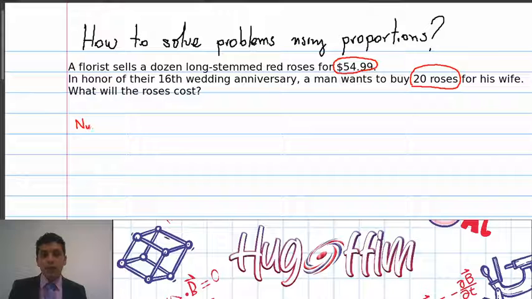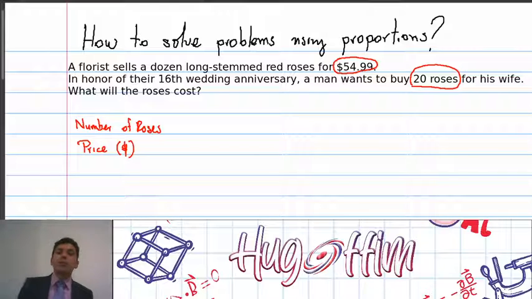One will be number of roses, and the other will be price. The price is in dollars. Look, I'm putting the number of roses first because it's kind of the independent variable. Depending on how many roses I want to buy, I'm going to have the price.